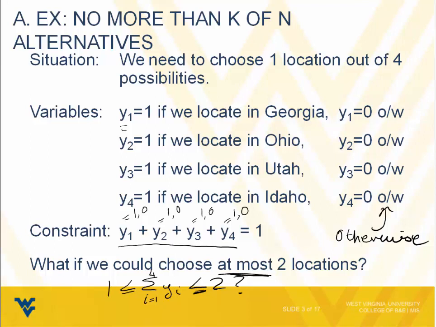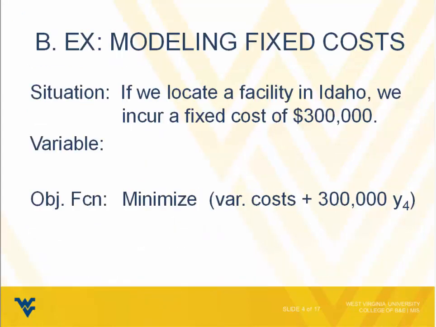Okay. So the next one, everybody understand this, right? So the next one is where we can model fixed costs. So we incur a fixed cost only if we open a facility or if we locate a facility in a certain area, okay? So in this case, we say we incur a fixed cost of $300,000 only if we locate a facility in Idaho.